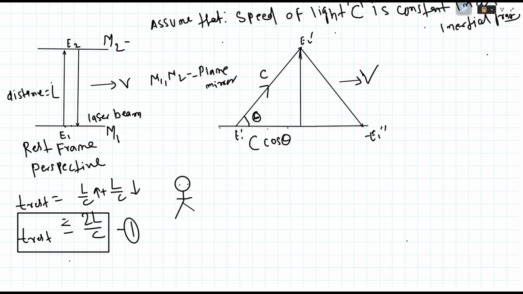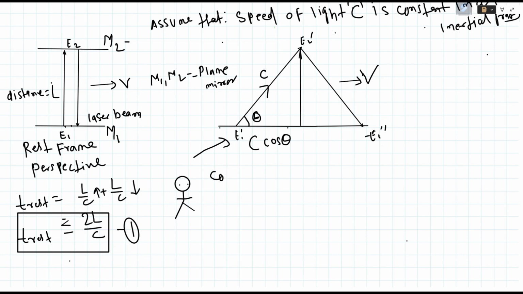As the light pulse goes from E1 to E2, it has to come back to E1. The same thing will happen in the moving frame also. This is your moving frame, and in this frame it will again come to the E1 double prime point. So what will be the condition?